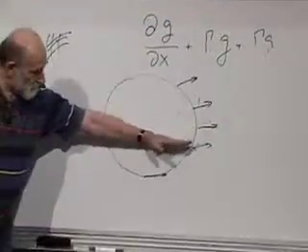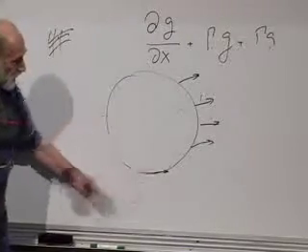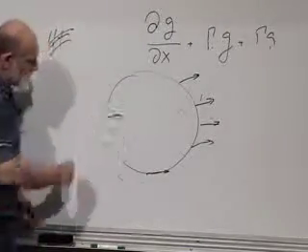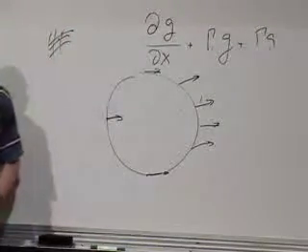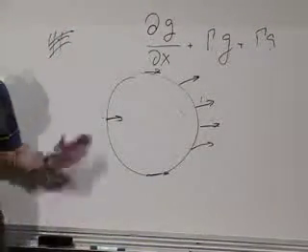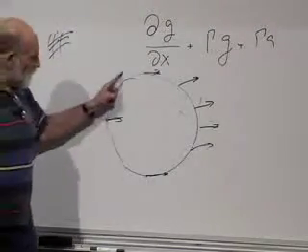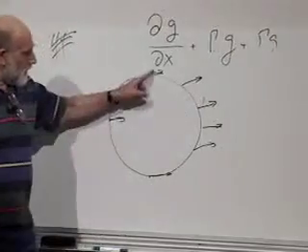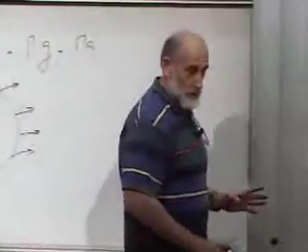Keeping it parallel to itself along the circle will make it the tangent vector over here. Over here, it's perpendicular to the tangent vector, and up here, it's the tangent vector again. Right? So if I take a circle in flat space, and transport a vector parallel to itself, the angle relative to the curve changes.